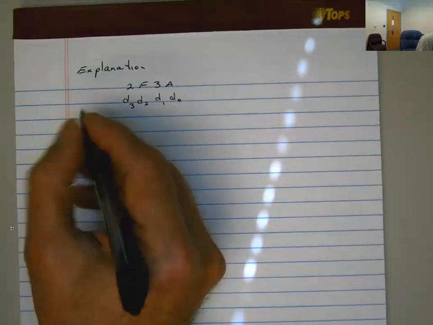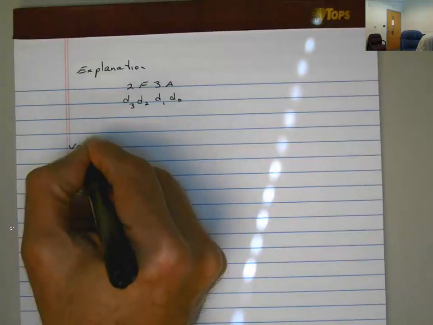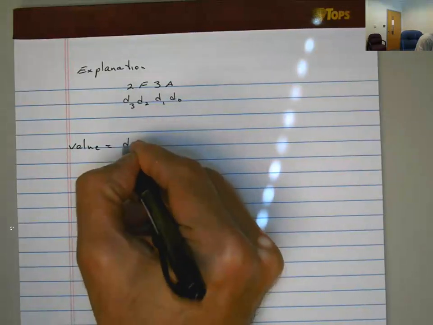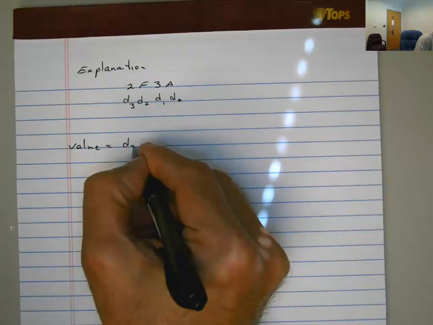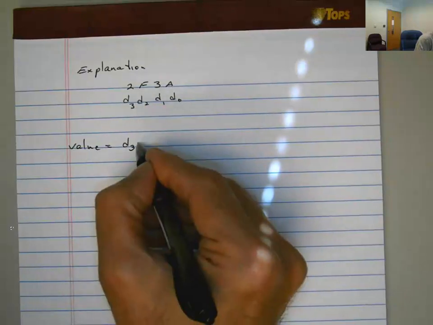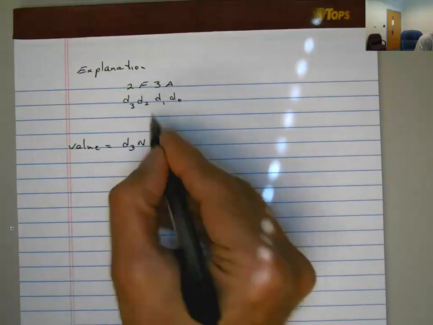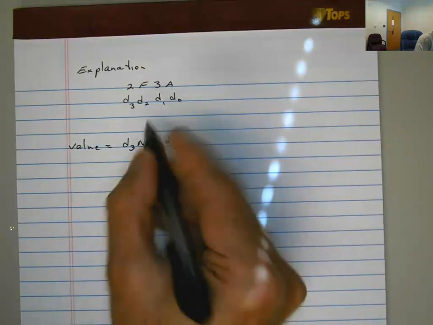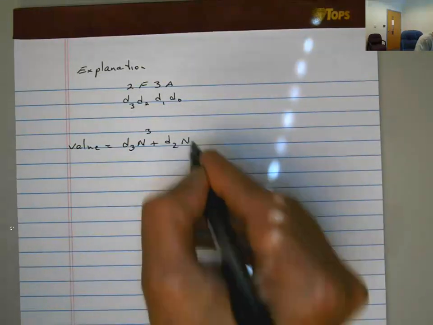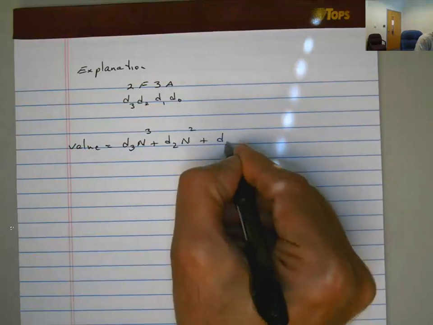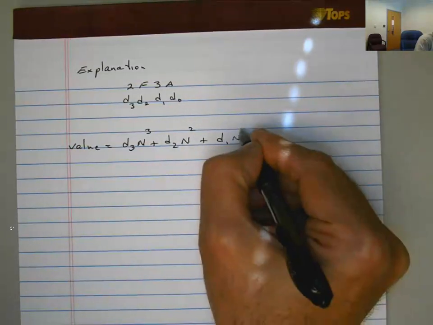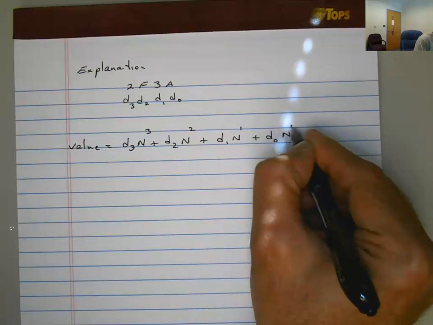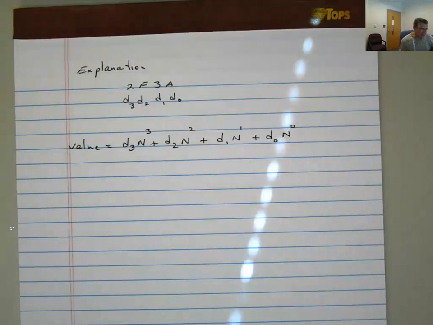We wanted to calculate that the value is equal to D3 times n to the power of 3, where n is the base, plus D2 times the base to the power of 2, plus D1 times n to the power of 1, plus D0 times n to the power of 0. This is what we said, right?